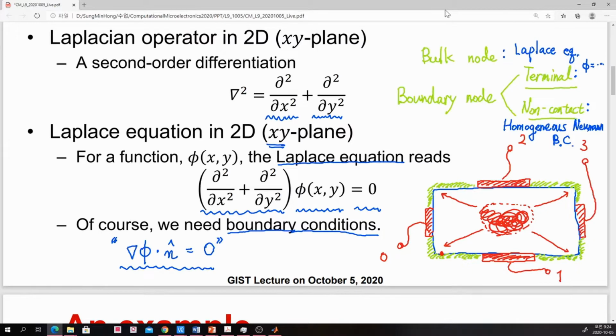Of course, you can ask me this way: if I set a certain simulation domain, and even at the domain boundary something interesting happens, the assumption is invalid. Then what should we do?